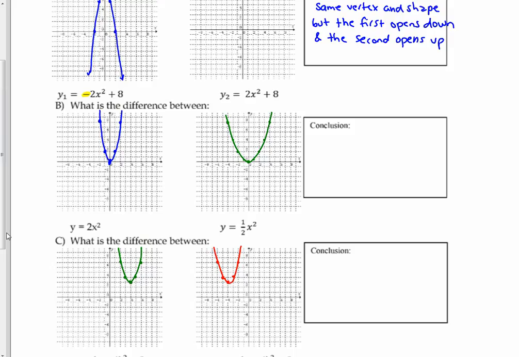Yeah, so now is the shape the same? No. So now they do, but how about the vertex? Same. Okay, so same vertex, but different shape. So the 2x squared is narrower, and we would call that a vertical stretch by 2, because it's vertically stretched by a factor of 2.